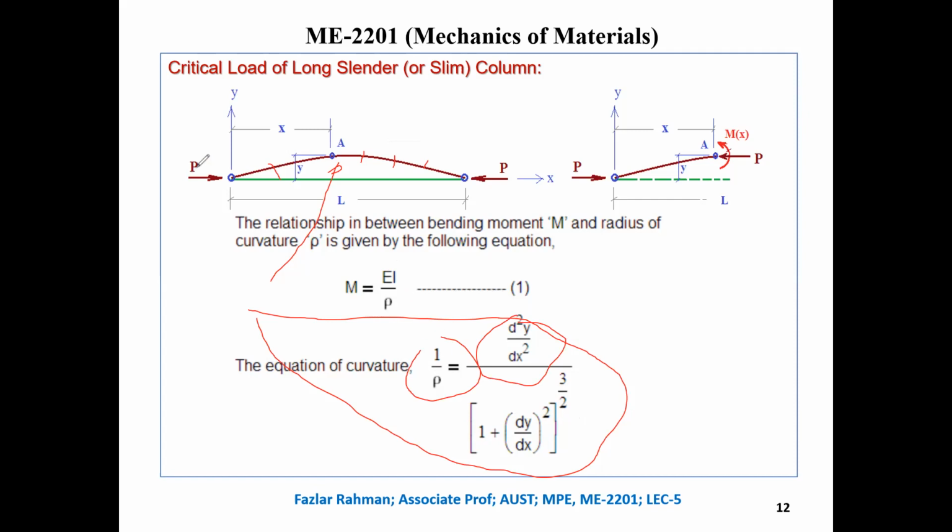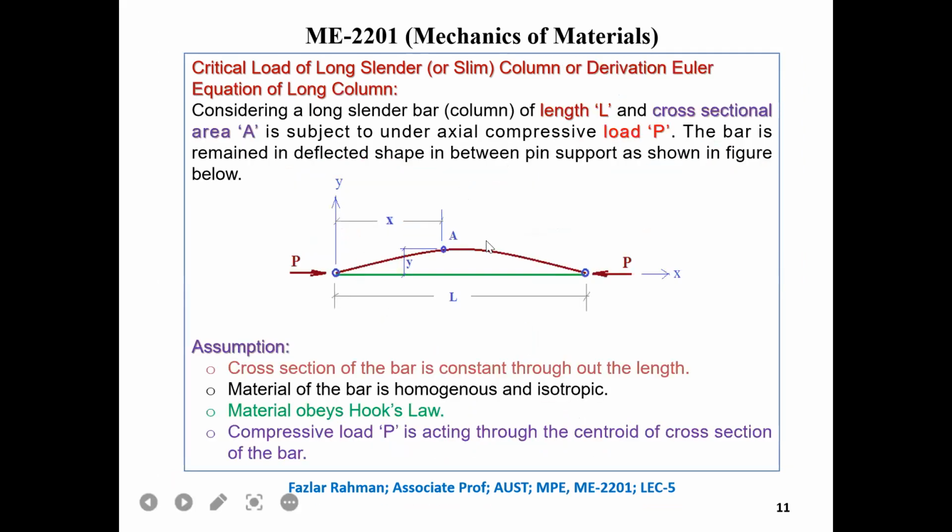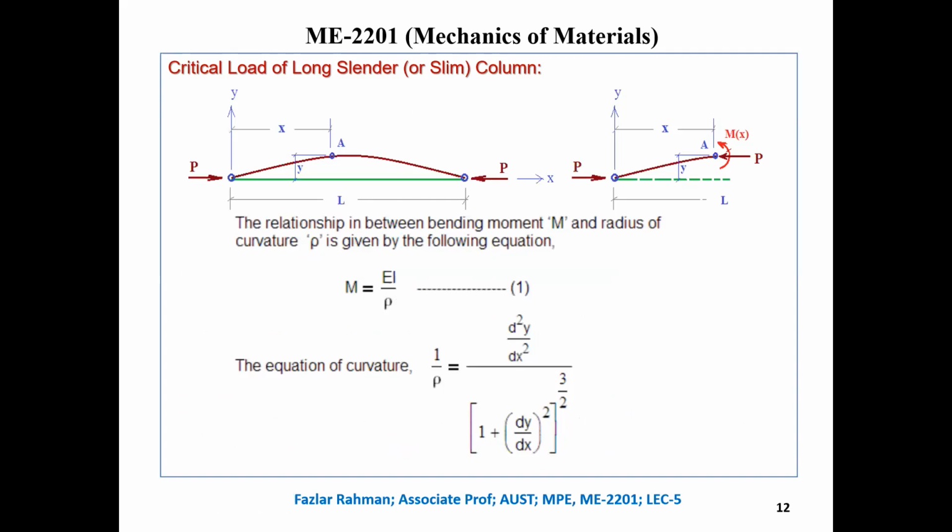Let me see, we might have the free body in the next slide. Yes. In this slide, we take a point, point A. What is the location of point A?